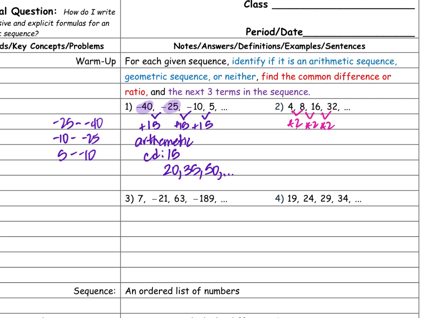So if I'm multiplying by the same number, that means this is geometric with a common ratio of 2. And then, let's see, 32 times 2 is 64. Times 2 is 128. Times 2 is, that's a good question. 128 times 2.